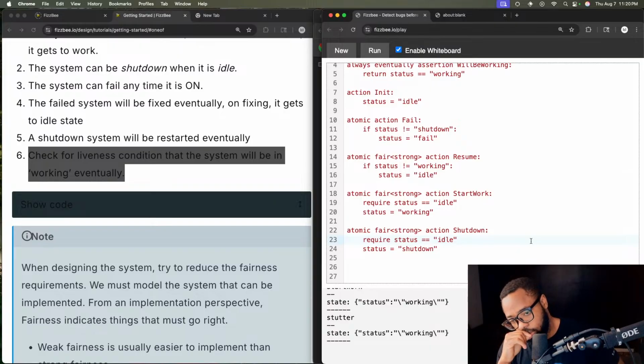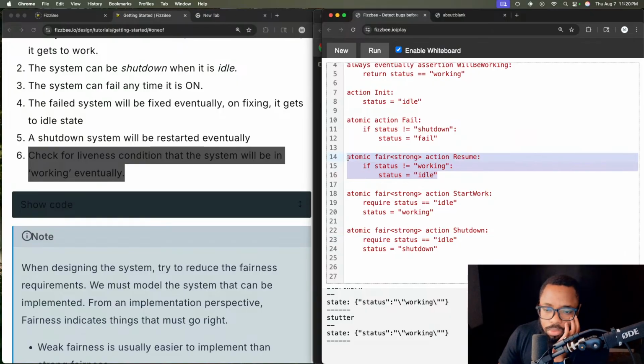It's not equal to working. Well, that's what we have here, right? To fail.